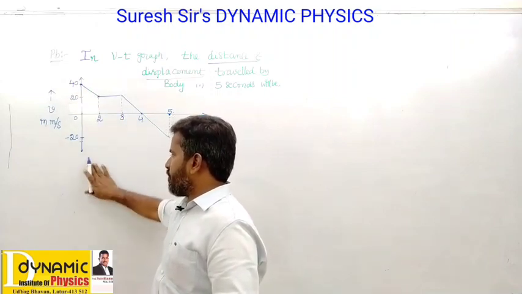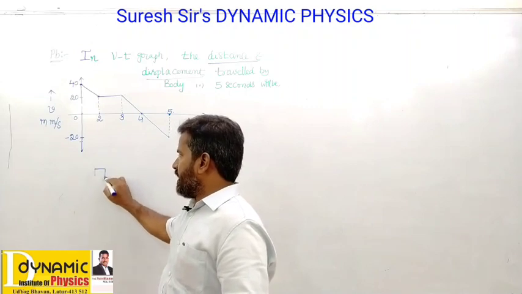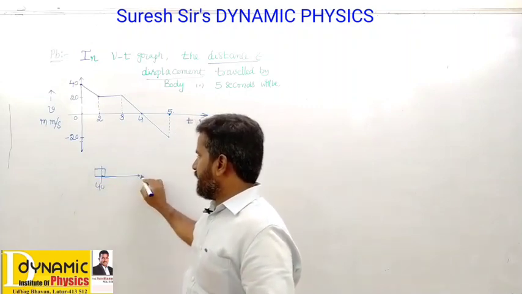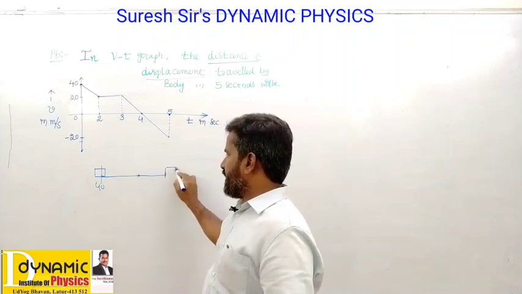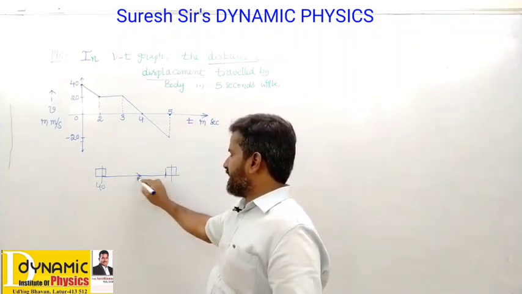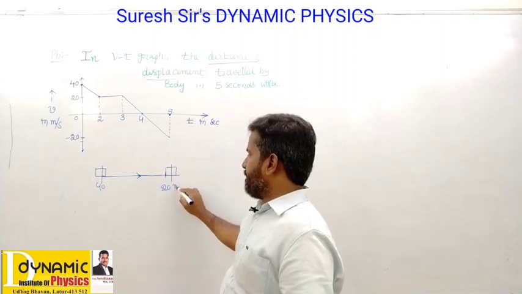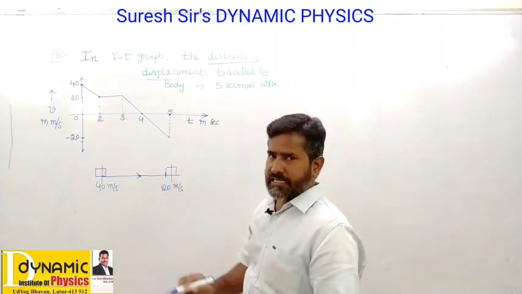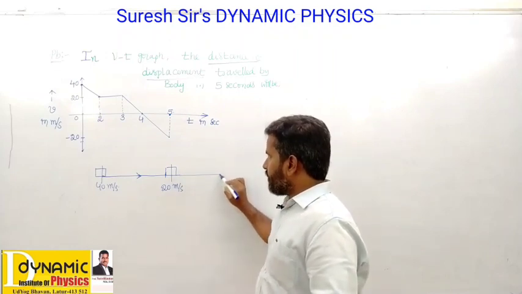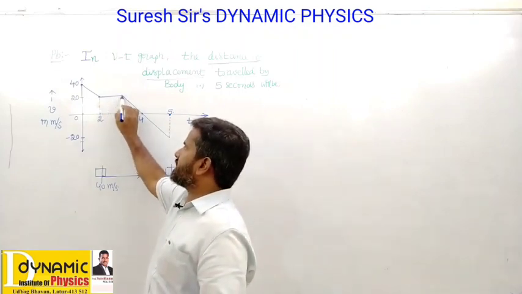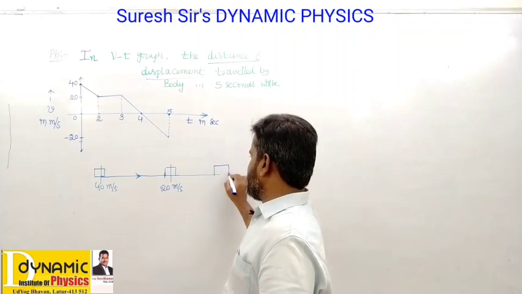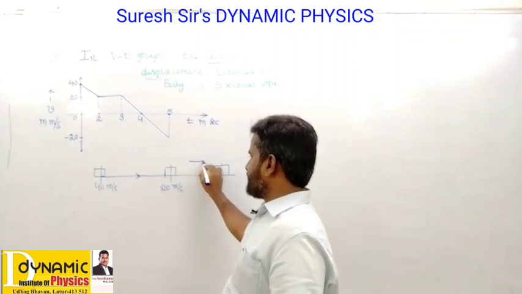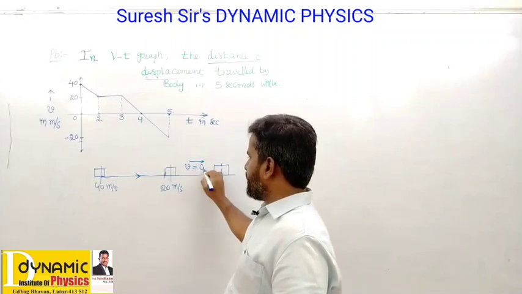The body starts with a velocity of 40 meter per second, which decreases to 20 meter per second. After that, it moves with constant velocity, continuously the same velocity.